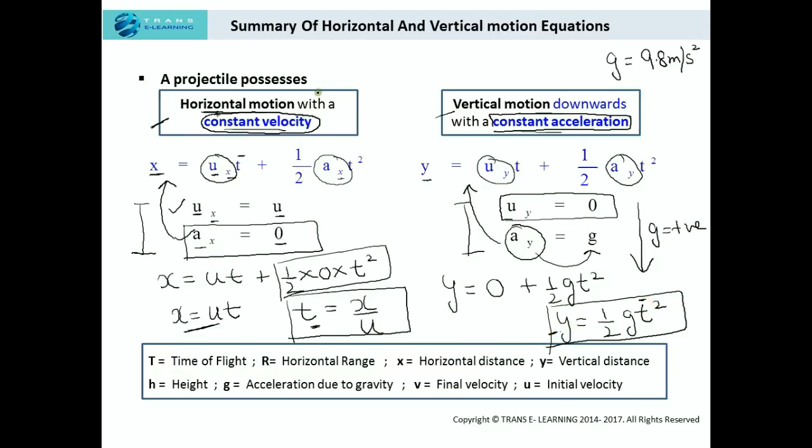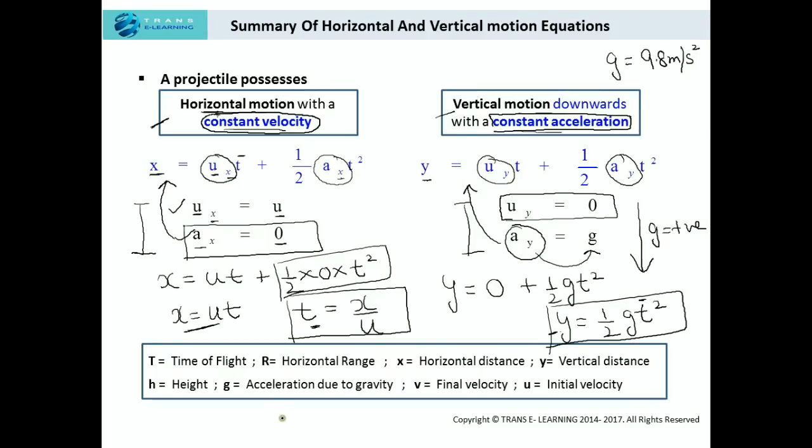One more important point I would like to mention here is that horizontal and vertical motion are always independent of each other, and there is only one force acting during the flight of the projectile, that is the force of gravity. We are neglecting air resistance.